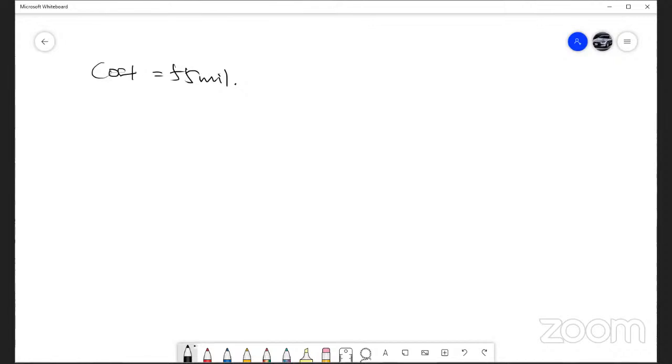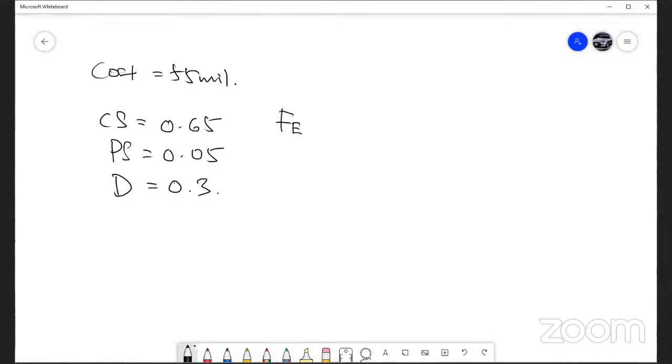So common stock 0.65, preferred stock 0.05, and debt is 0.3, so it totals up to 1. Flotation cost for issuing new common stock is 8%, 0.08.